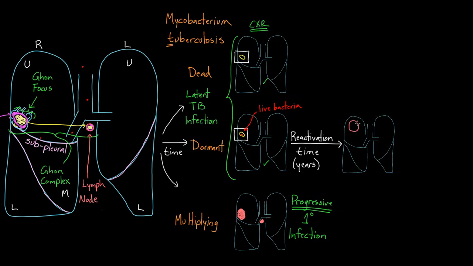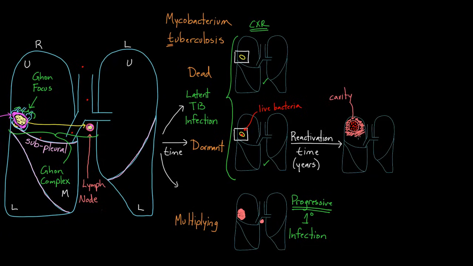But all of a sudden, now the TB bacteria are going to come out with a vengeance. And there's going to be a cavity that forms, usually in the upper lobes, a cavity that forms up here. And it's going to be packed full of TB bacteria. So this person, you can imagine, if they cough, they're going to be coughing out lots and lots of these little bacteria that I'm drawing. And around that area, there's a lot of disease. So a lot of disease in this area, and it's very, very distinct.